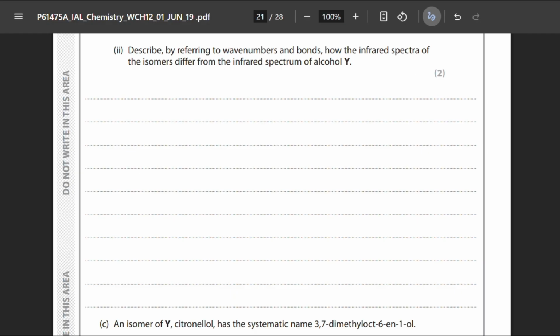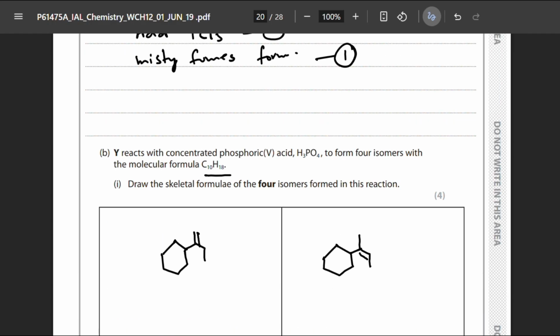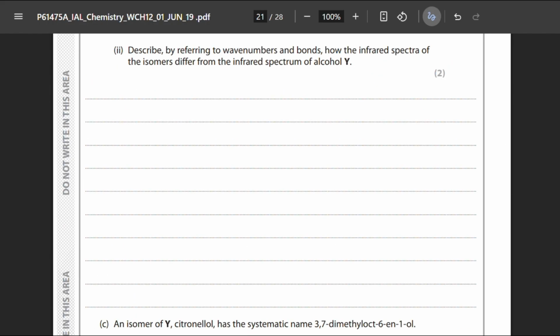Describe, by referring to the wave number and bonds, how the infrared spectra of the isomers differ from the infrared spectrum of the alcohol Y. The isomers are formed as a result of the reaction of alcohol Y, and the isomers are basically alkenes. So if we use infrared spectrum to differentiate between these two, what will happen?